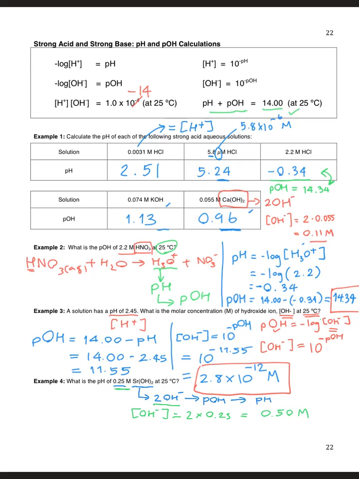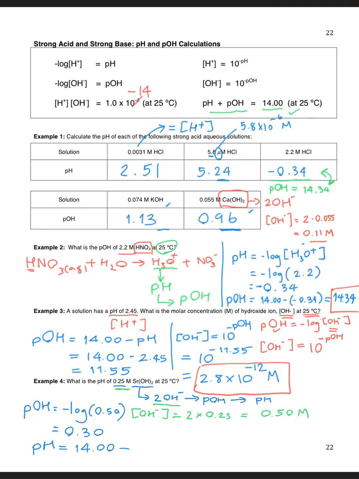So if I take negative log of this, I would then get the pOH, which equals 0.30. And to get pH, you're going to subtract 0.3 from 14.